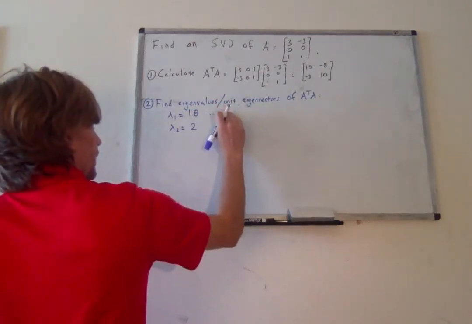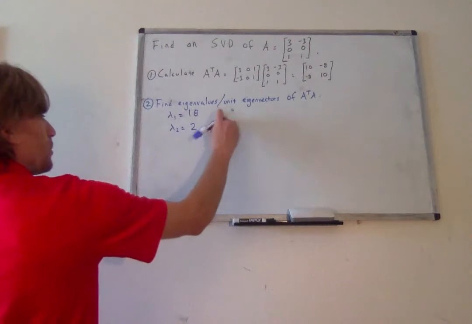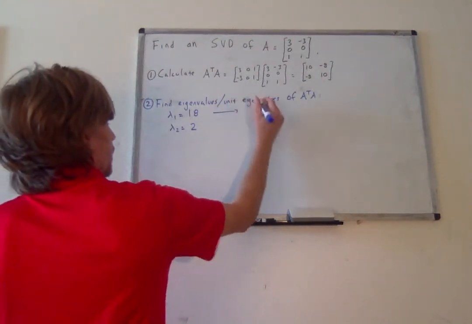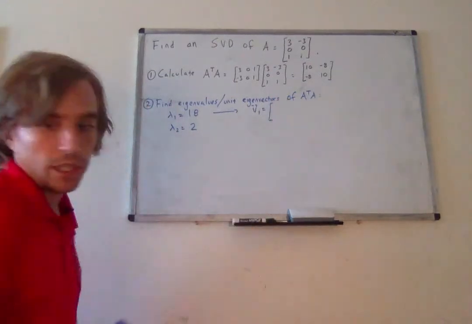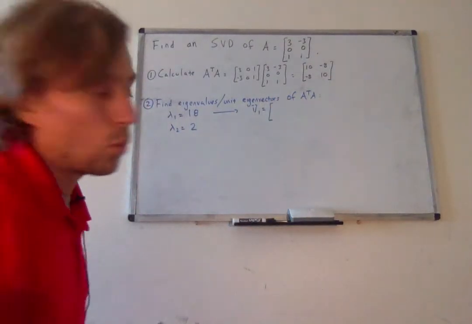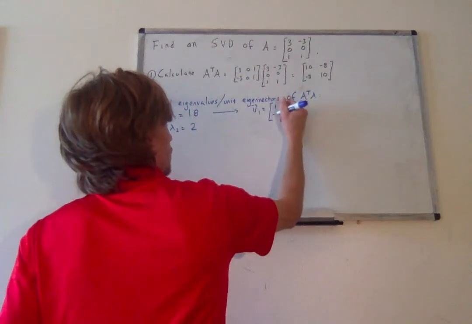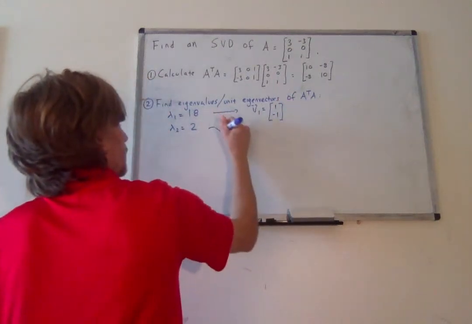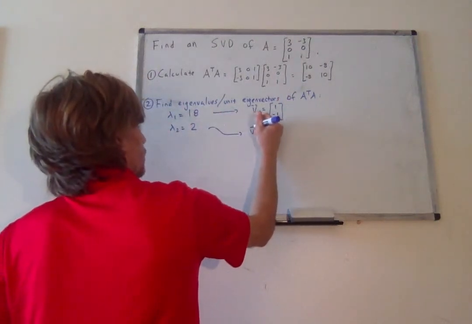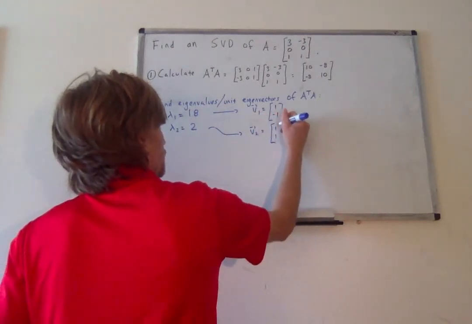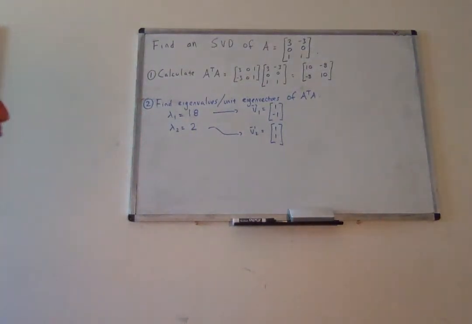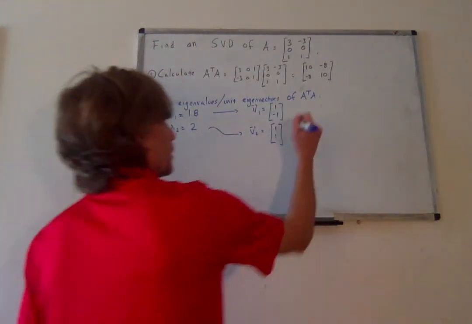Calculating now the corresponding eigenvectors, I got V1 was equal to (1, -1), and V2 was equal to (1, 1). But remember, we want to normalize these.